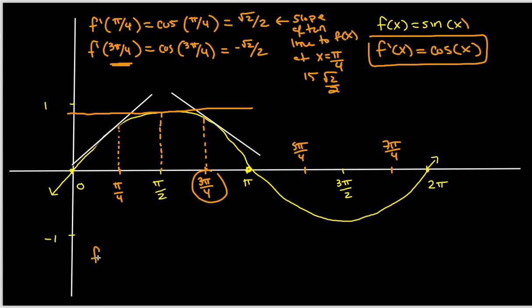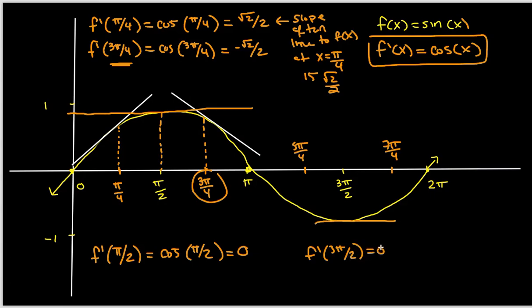So f prime of pi over 2 is equal to the cosine of pi over 2. And that's the x value on the unit circle at pi over 2, and that's 0. So, 0. Good. We can see this would be the same thing. So we can say that f prime of 3 pi over 2 is equal to 0.